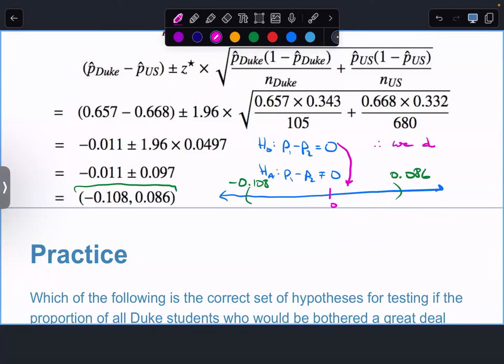Therefore, we do not have enough evidence to reject H naught. Right? There's not a significant difference in the proportions. Okay.